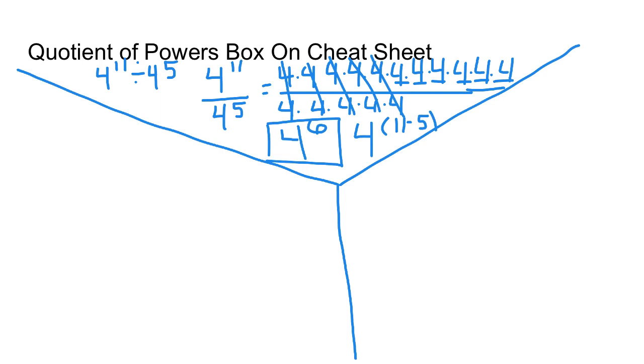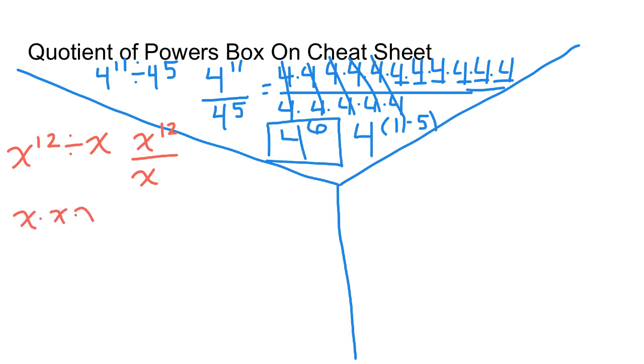All right, let's change colors. In this box, let's do x to the 12th divided by x. And in fraction form, it looks like this: x to the 12th on top and x on the bottom. So x is being repeatedly multiplied in the numerator 12 times.